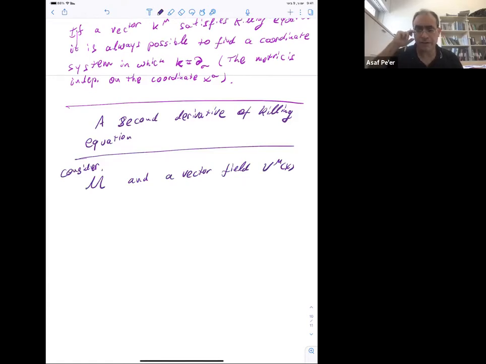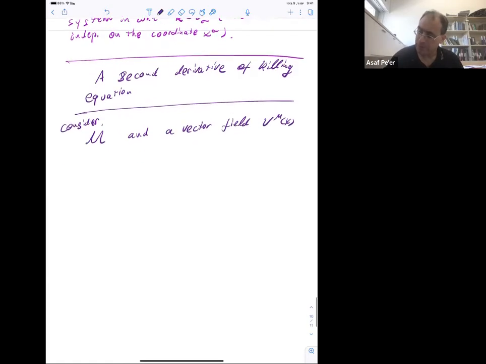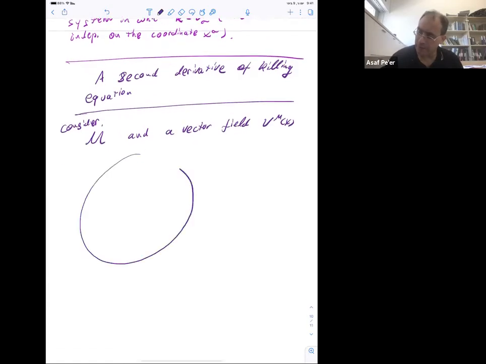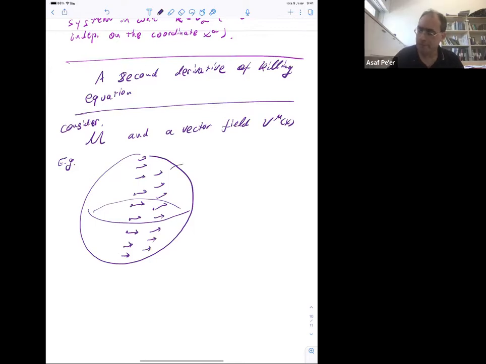You can think of the manifold, let's say, to be the sphere. And then the vector field is defined everywhere in that space. There is a vector field at any point on the manifold.